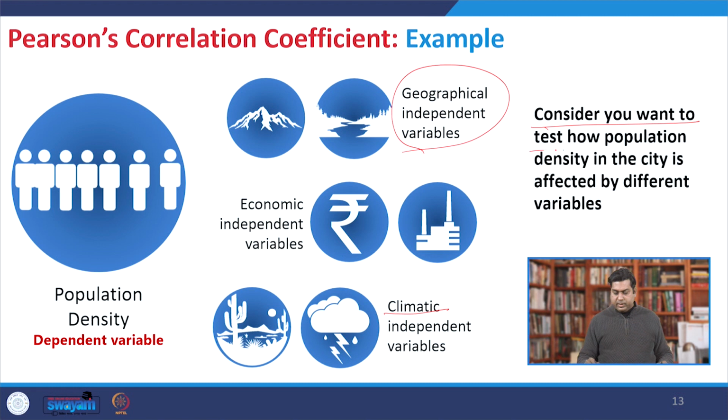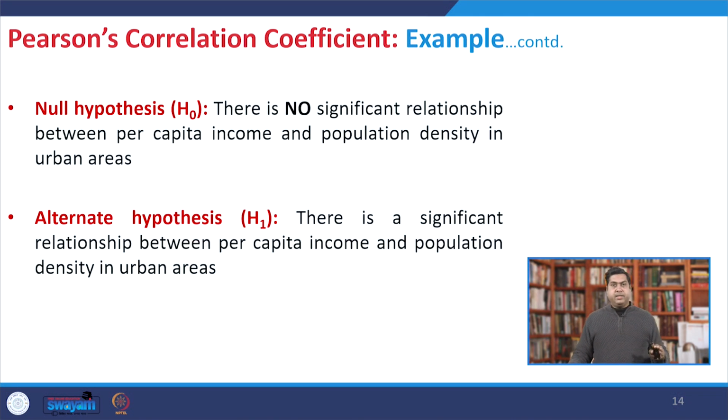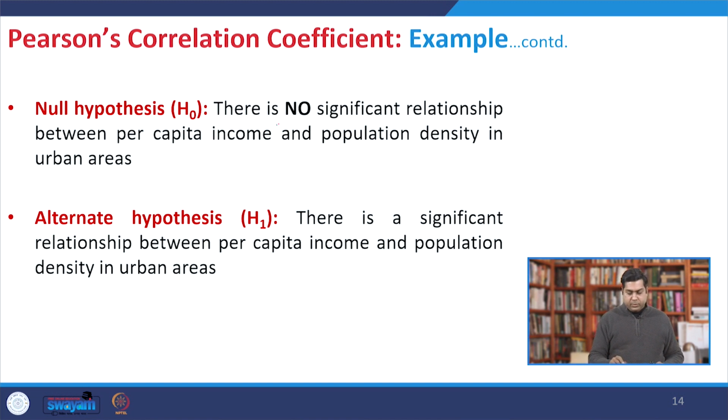Consider you want to test how population density in a city is affected by different variables, and we are focusing on a certain example here, where we make the null hypothesis: there is no significant relationship between per capita income and population density in urban areas.